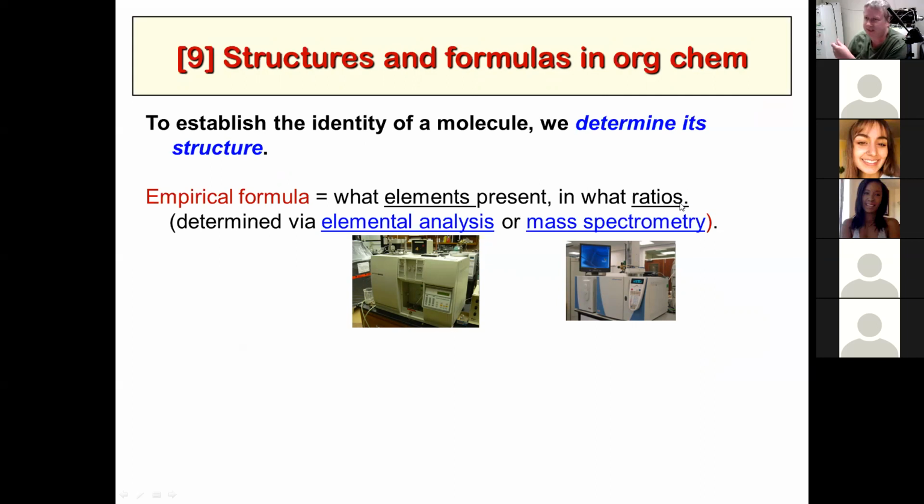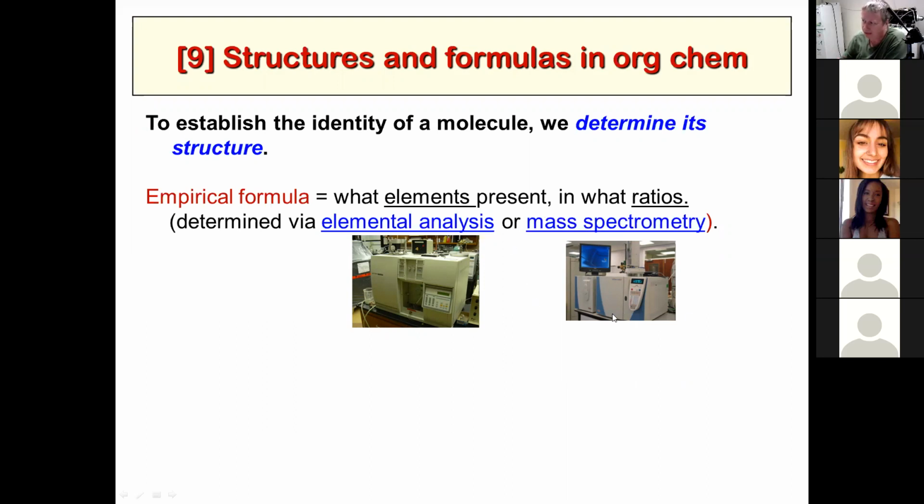Like, is it C6H6 or C6H5Br? That can be determined by a technique called elemental analysis, which analyzes the elements. Or we can use something called mass spectrometry. Both of these you can do in the lab.